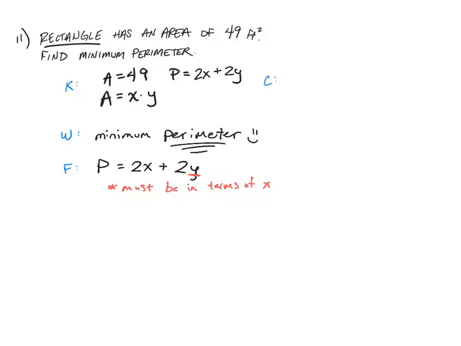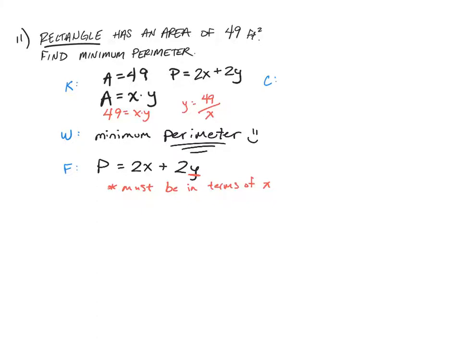But I do know that the area is 49. So what if I went up to my area formula and said x times y equals 49? Then I could solve that for y and plug that in. So if 49 equals x times y, then y must equal 49 divided by x.